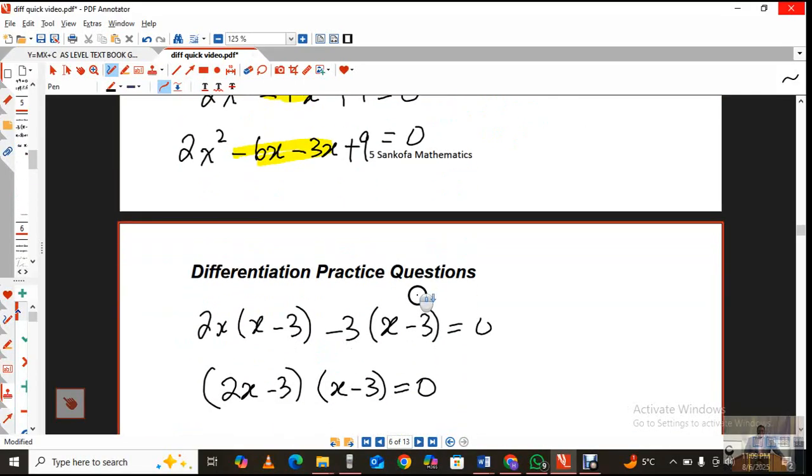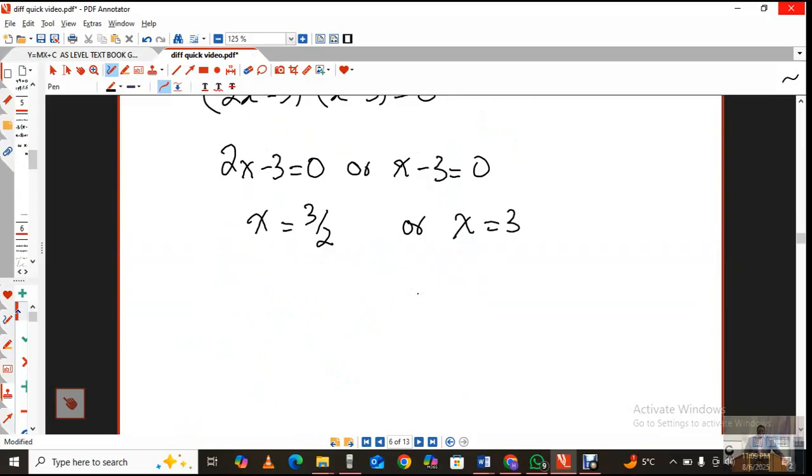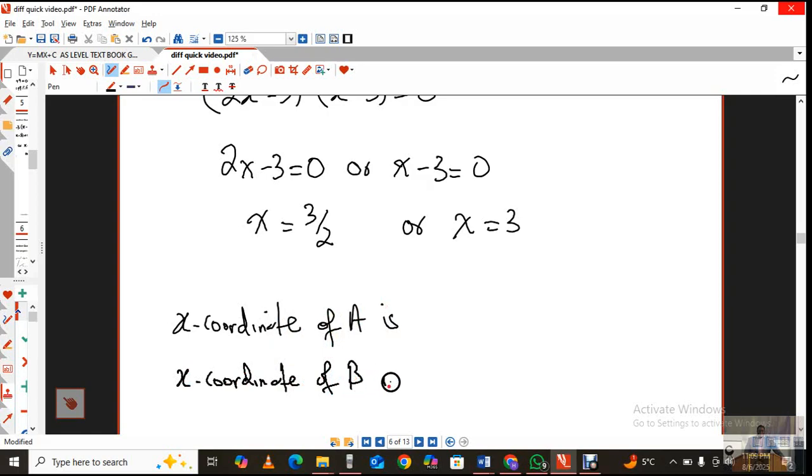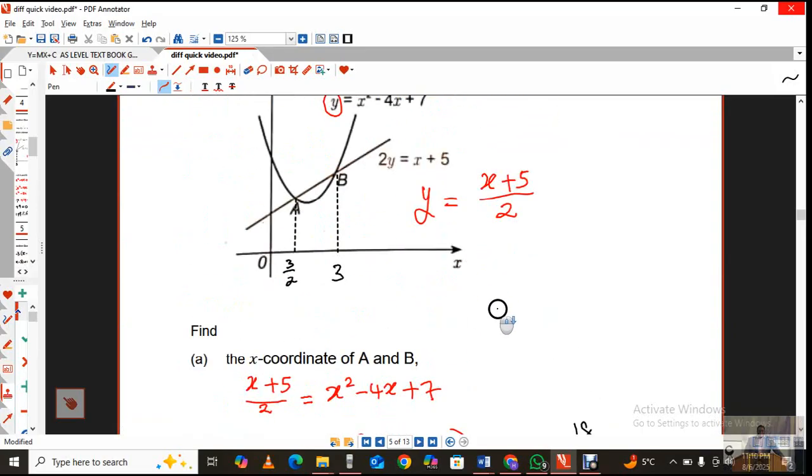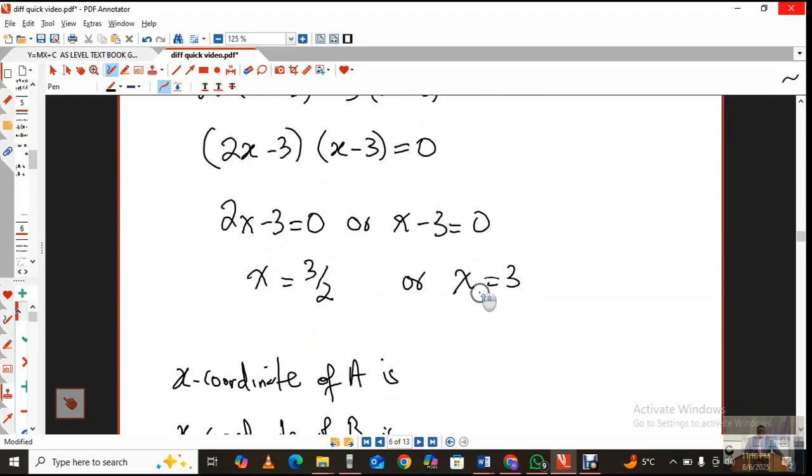So you can say, therefore, the x coordinate of A is, and the x coordinate of B is, let's go back to the diagram: the x coordinate of A was 3 over 2.